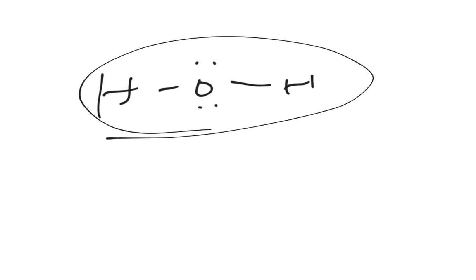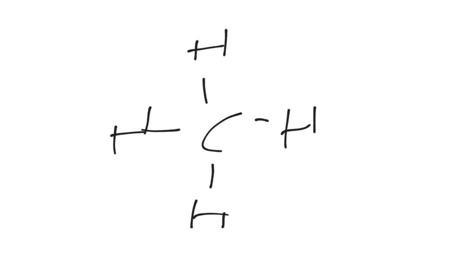But they're all covalent, so this is a molecule. Carbon dioxide, nonpolar molecule, London dispersion forces there. Also a molecule. Methane, CH4 is a molecule. Ammonia is a molecule. Okay, all of those are molecules.